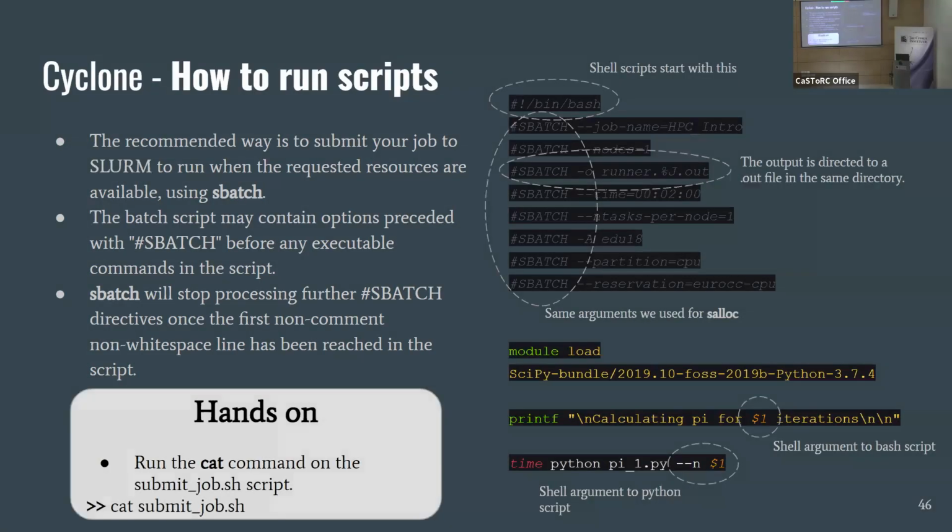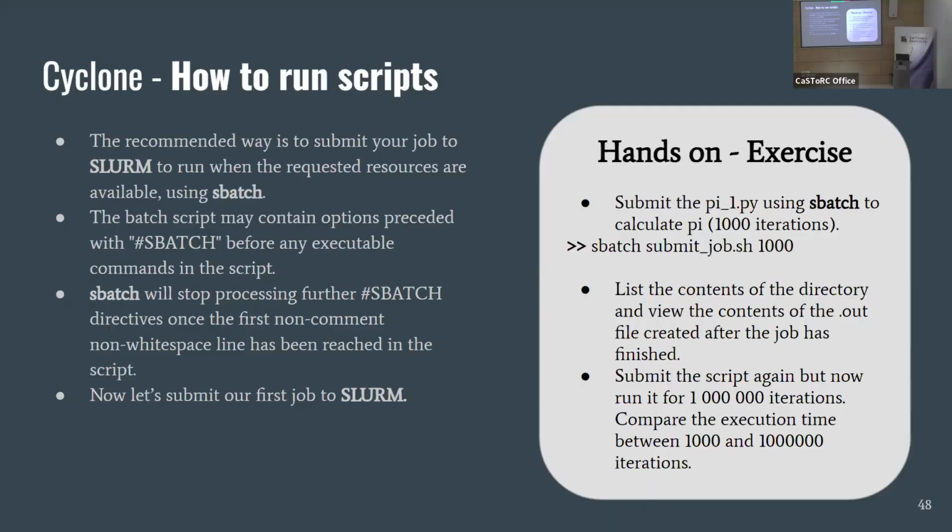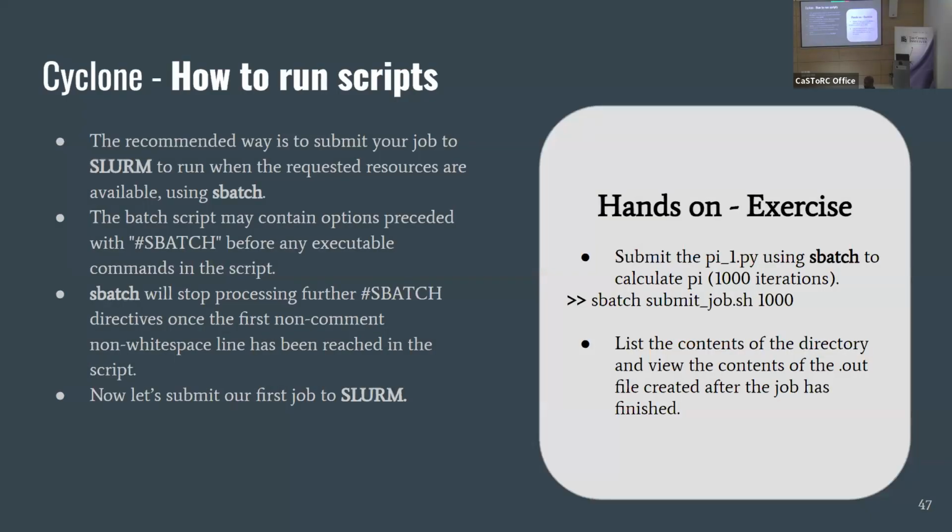Also, you'll see that because we had the time command before running the Python script, it will also print out the runtime for your script. So is everybody okay? Is pi roughly correct? And it took about half a second to run.